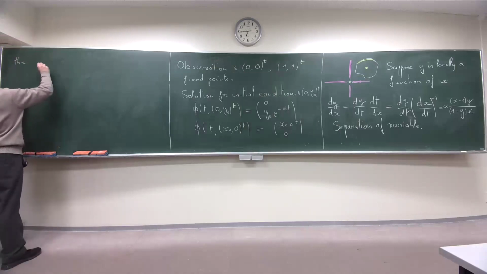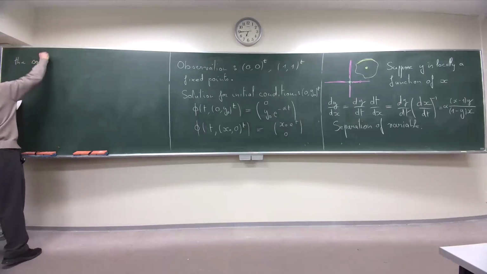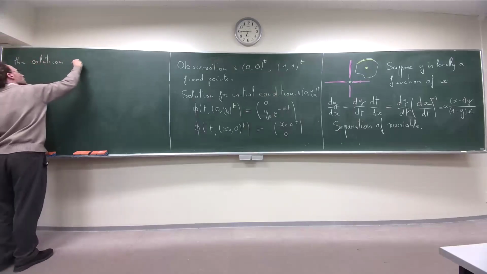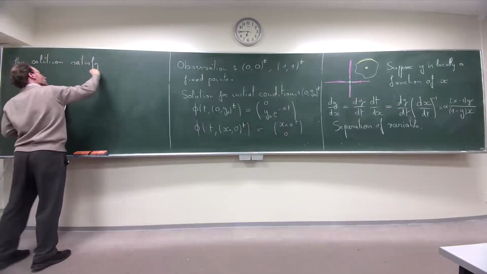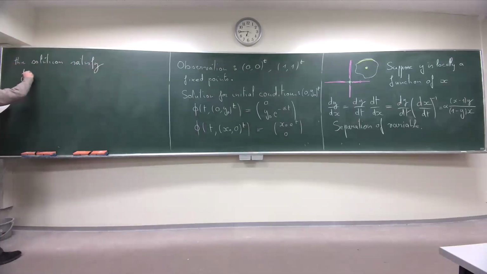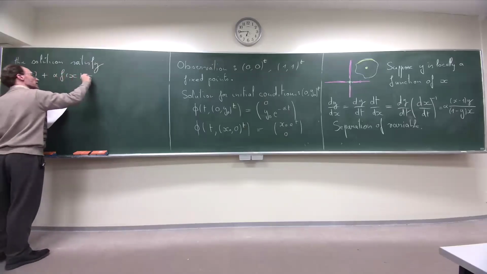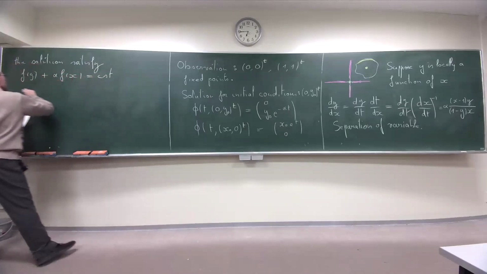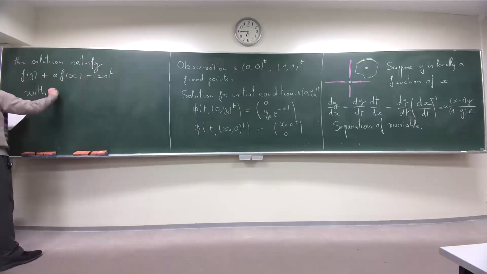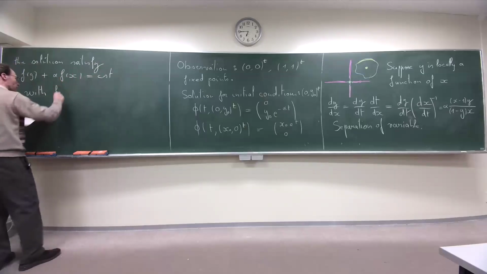The solution is this. So we have an equation f of y plus alpha f of x is equal to constant, with f a certain function that you obtain precisely by the separation of variable.